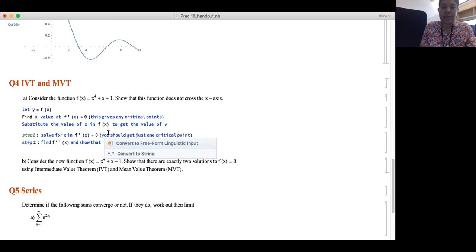Can someone tell me that critical point? Yeah, 4x cubed plus 1, no real solution. Yeah, which is always positive. Ashish, you're right. Okay.